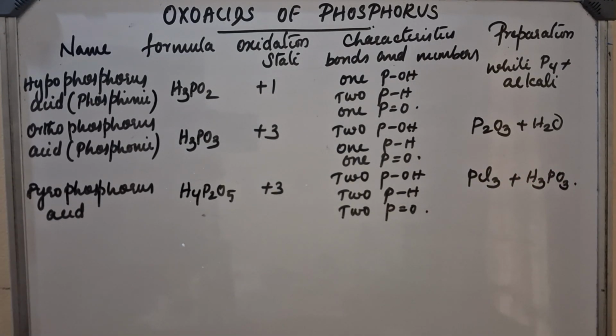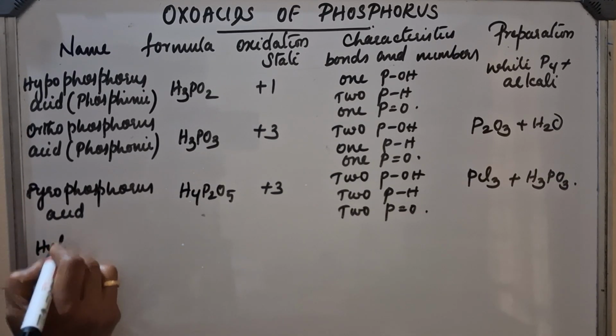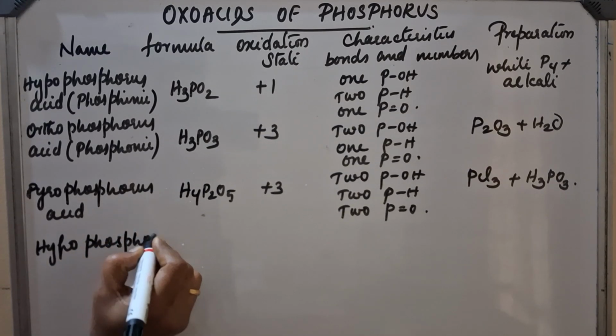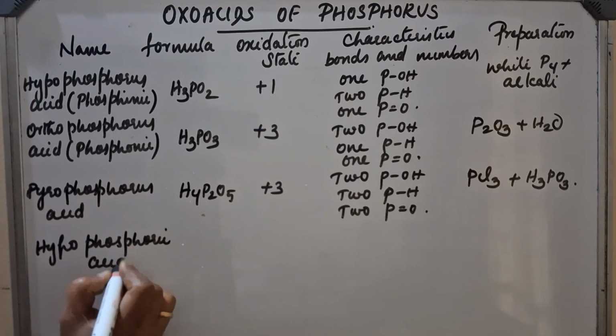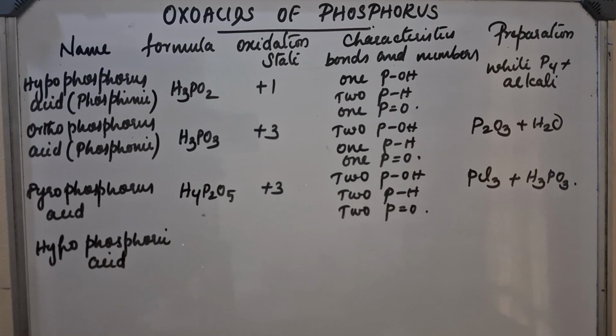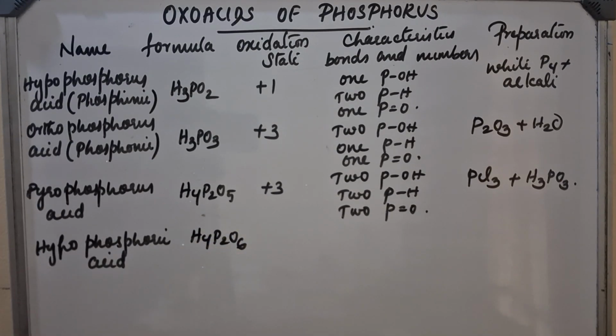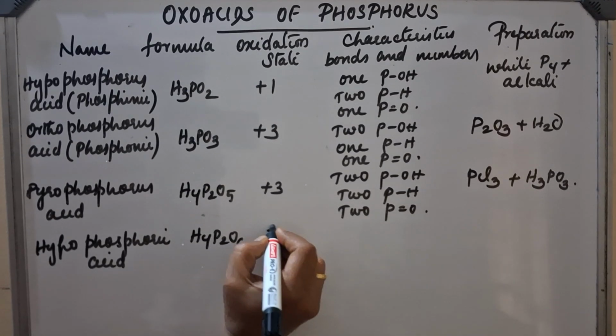Now, hypophosphoric acid. Its formula is H4P2O6. Here the phosphorus has the oxidation state +4.